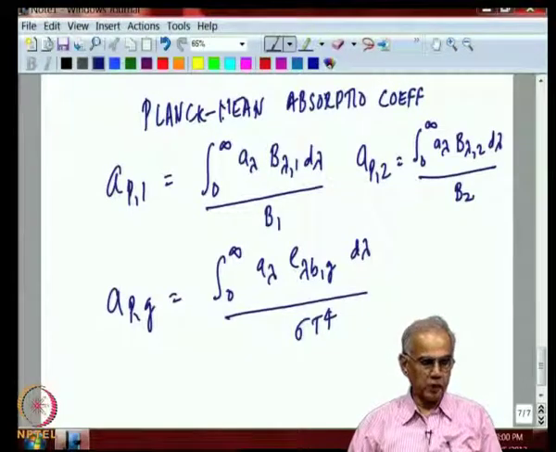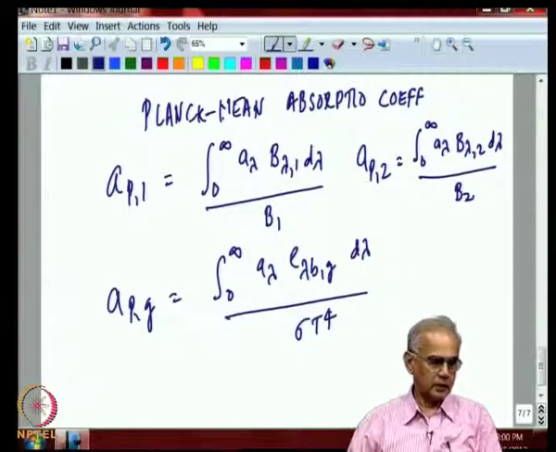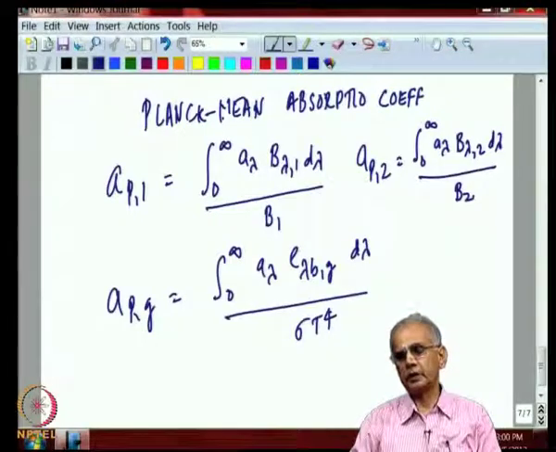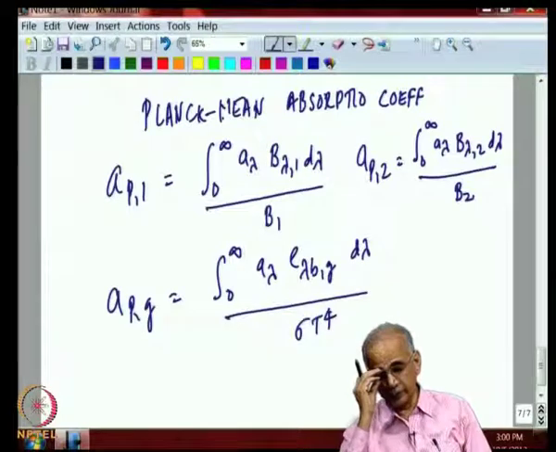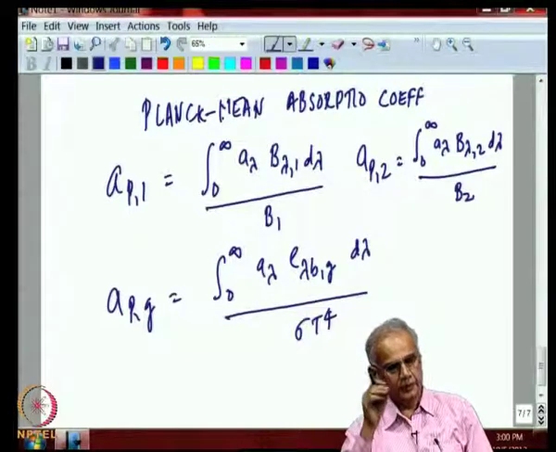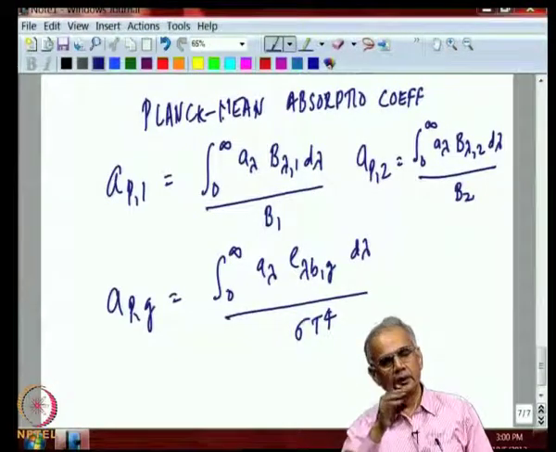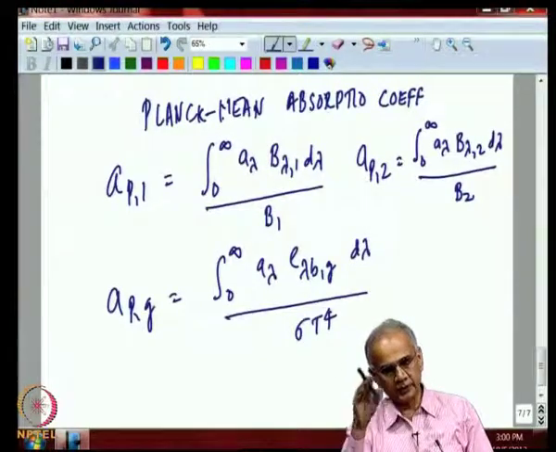Now, this limit is not that useful as I pointed out, because there are very few gases which satisfy the condition they are optically thin at all wavelengths of interest.